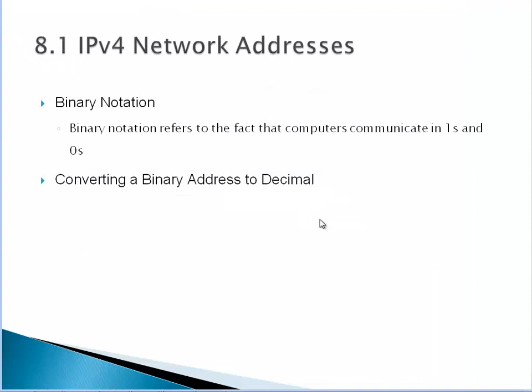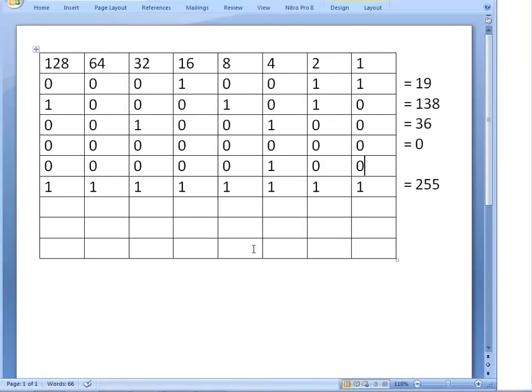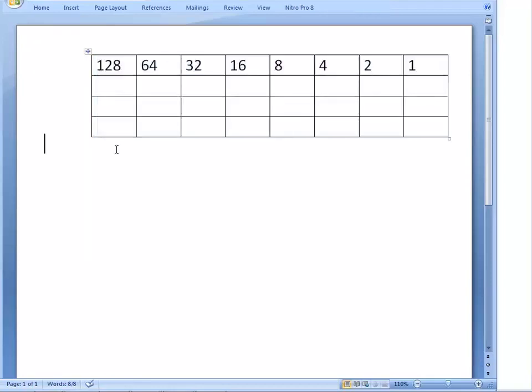Right, let's go back now. Sorry, converting from decimal. To convert from decimal to binary, it's similar, just the steps the other way around. I've cleaned the table again. Now we want to convert from decimal to binary.